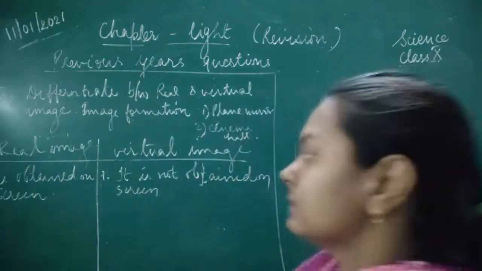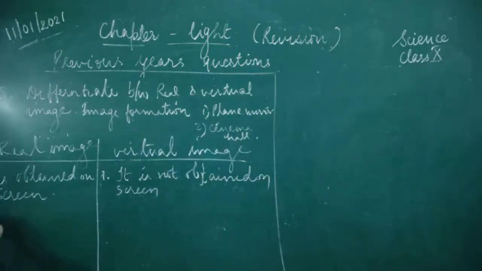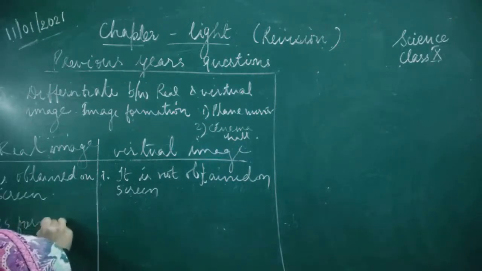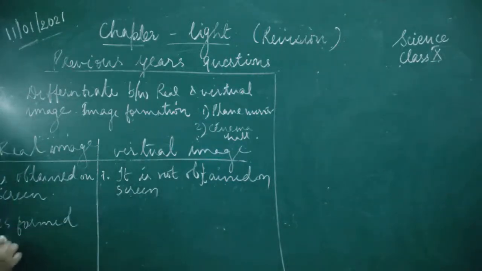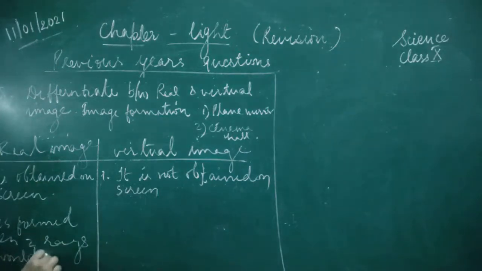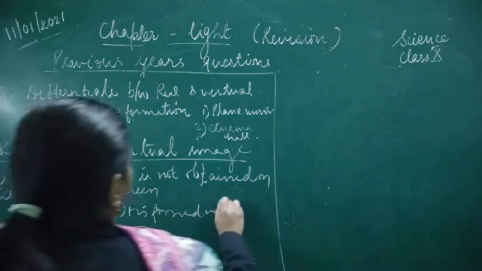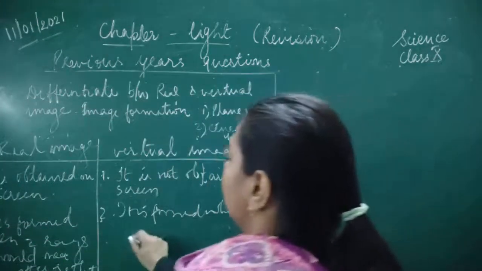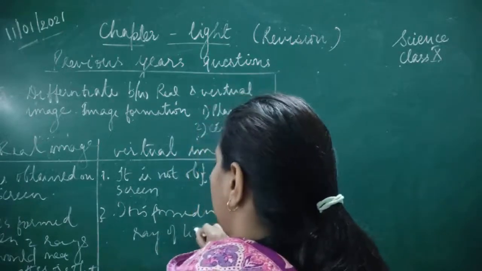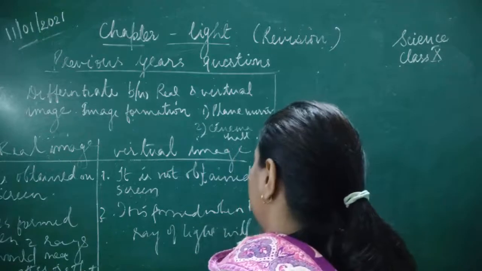Okay, the next is when it is formed: when two rays would meet after reflecting, and here, it is formed when the rays of light will diverge.